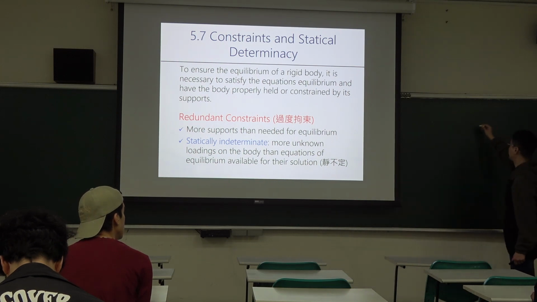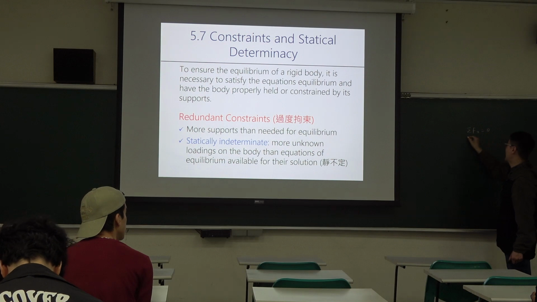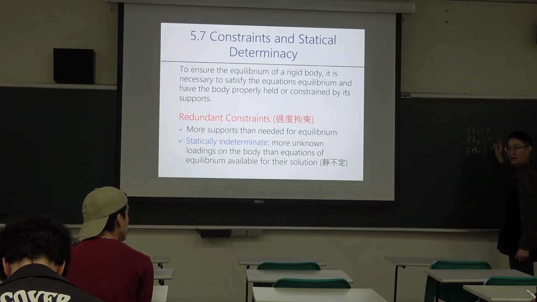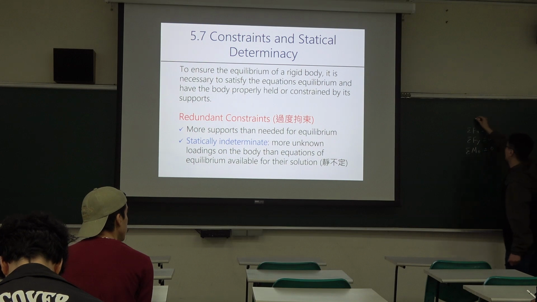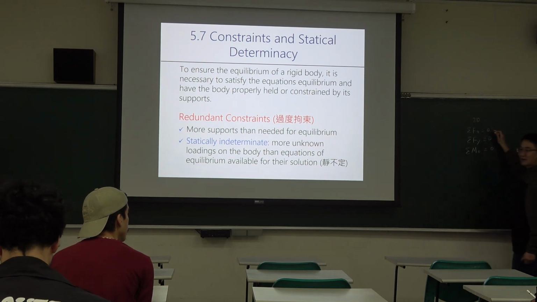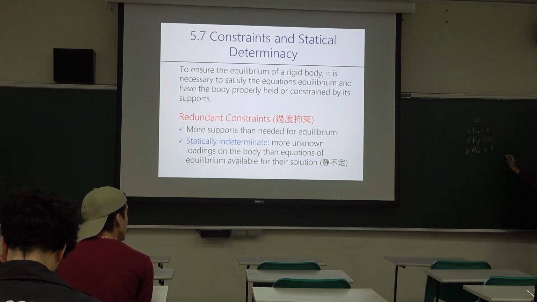For example, for a two-dimensional problem, we solve Fx equal to 0, Fy equal to 0, and bending moment equal to 0. For the 2D case, we have 3 equilibrium equations.